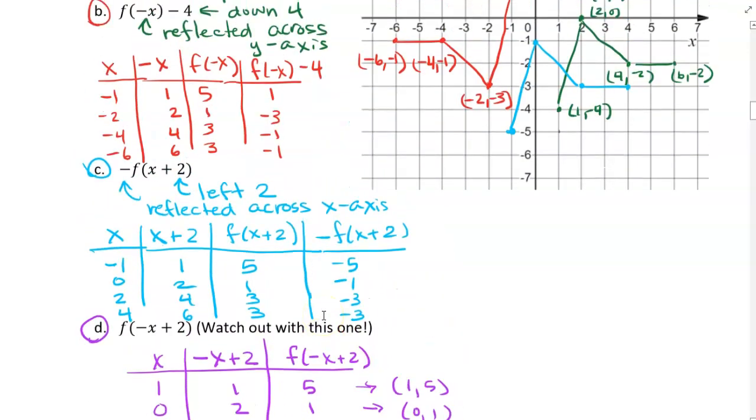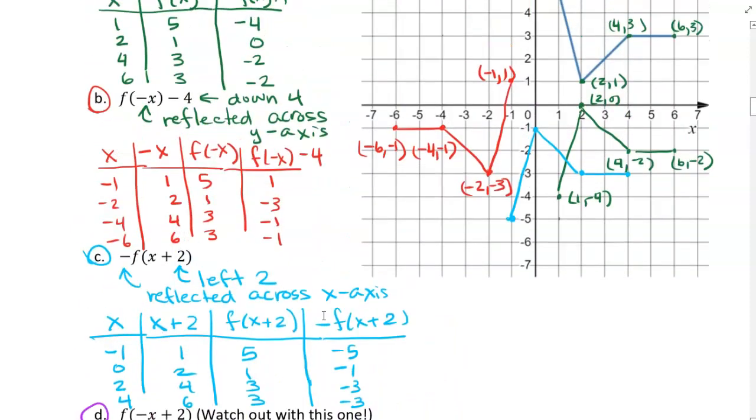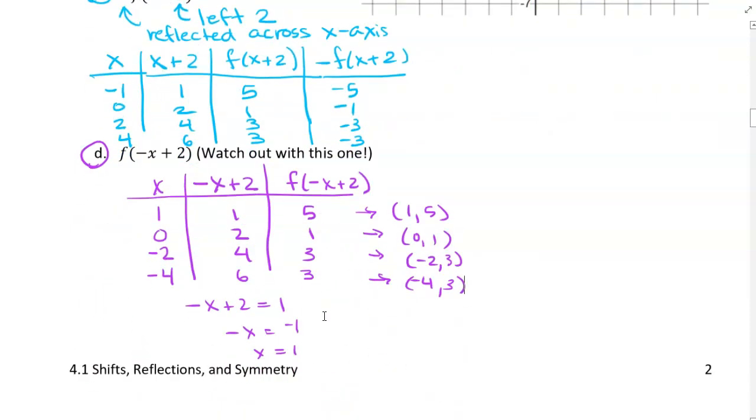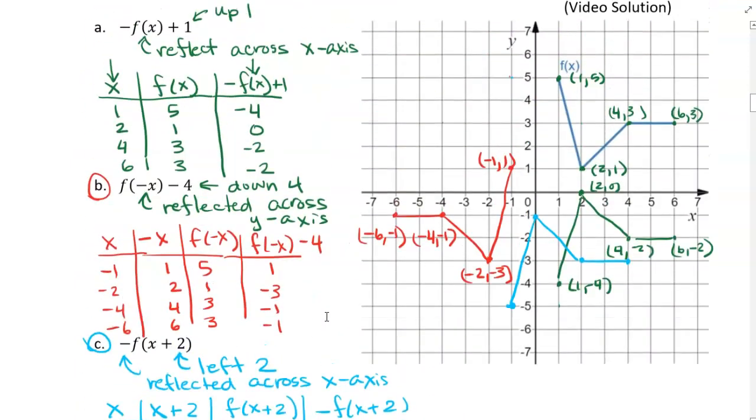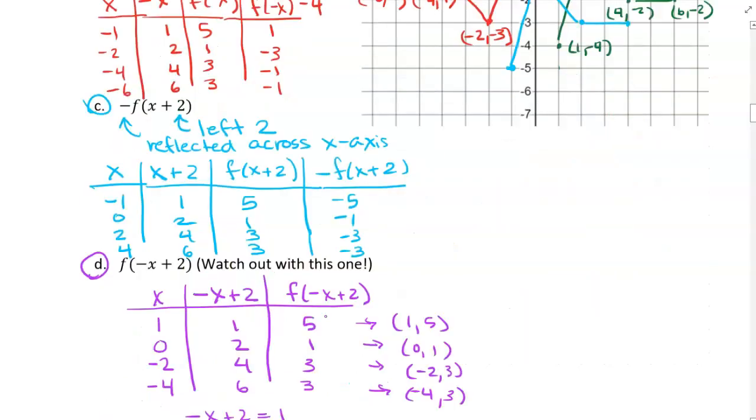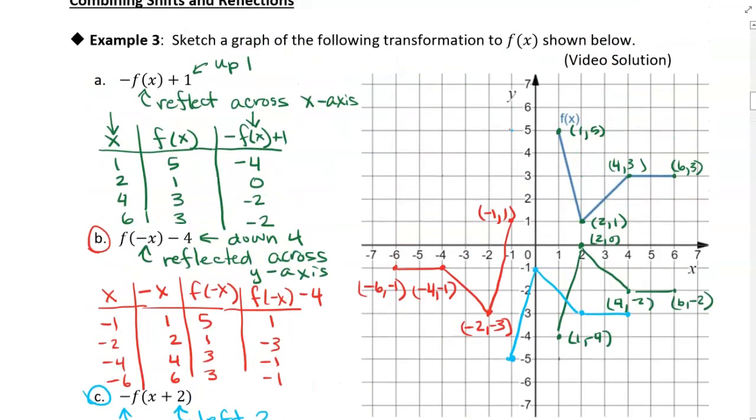It's a little challenging to get that on the whole screen, but I'm just going to plot those points. So the coordinate pairs were 1, 5, right? So that's 1, 5.